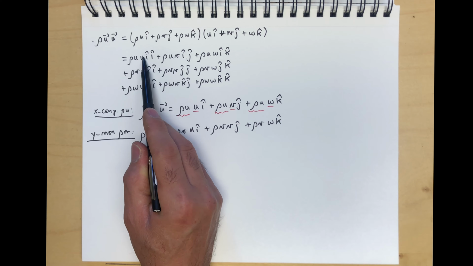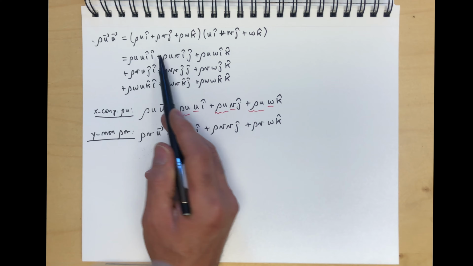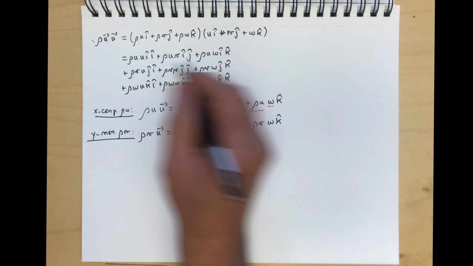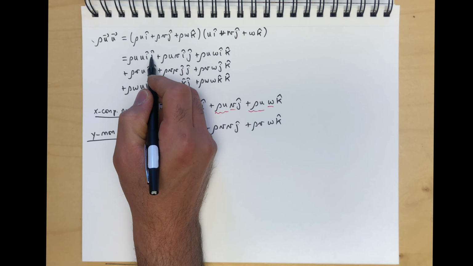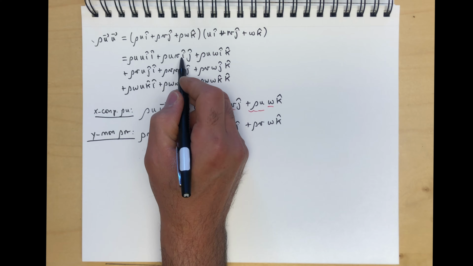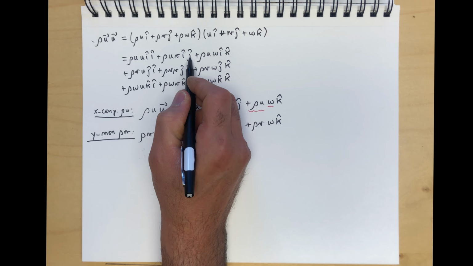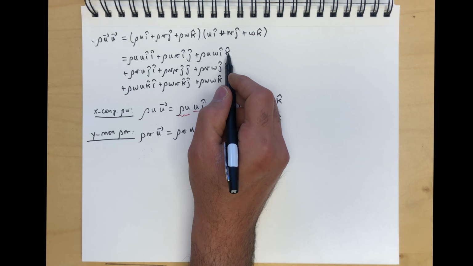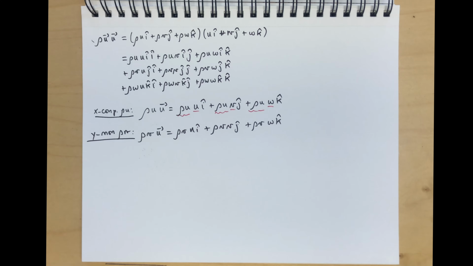The second index tells you what component is transporting it. So ii is transporting the x component of momentum using the x velocity. ij is transporting the x component of momentum using the y velocity, and ik is transporting the x component of momentum using the z velocity.